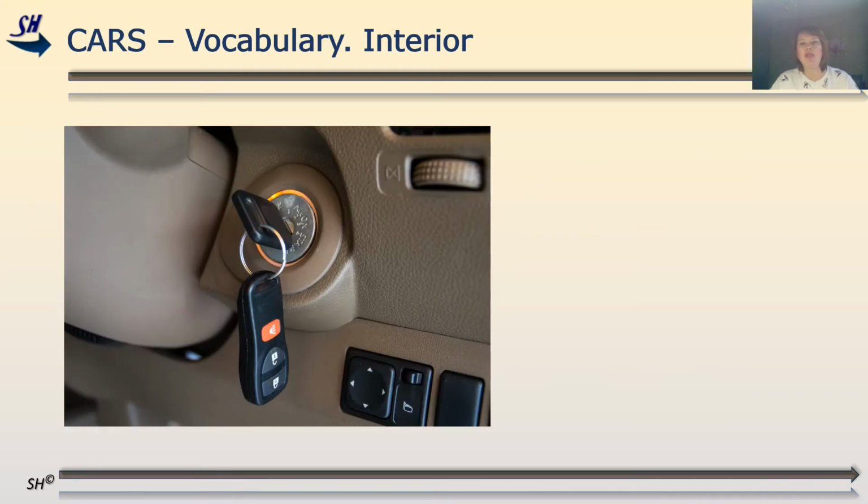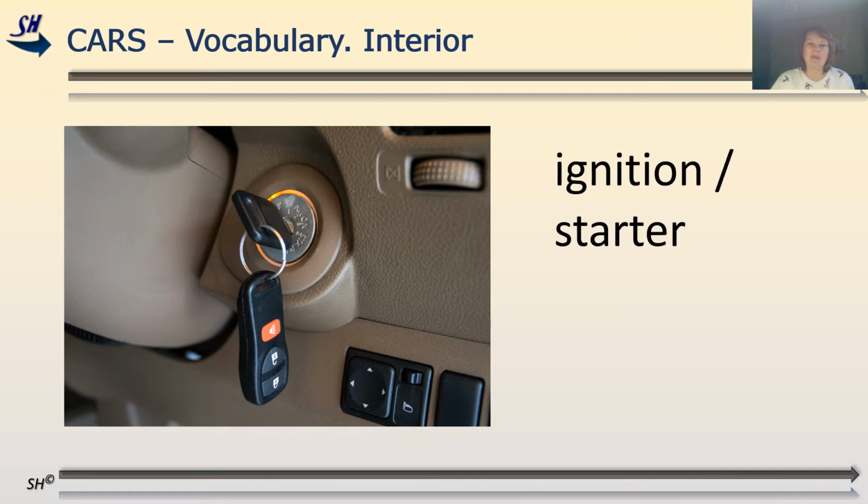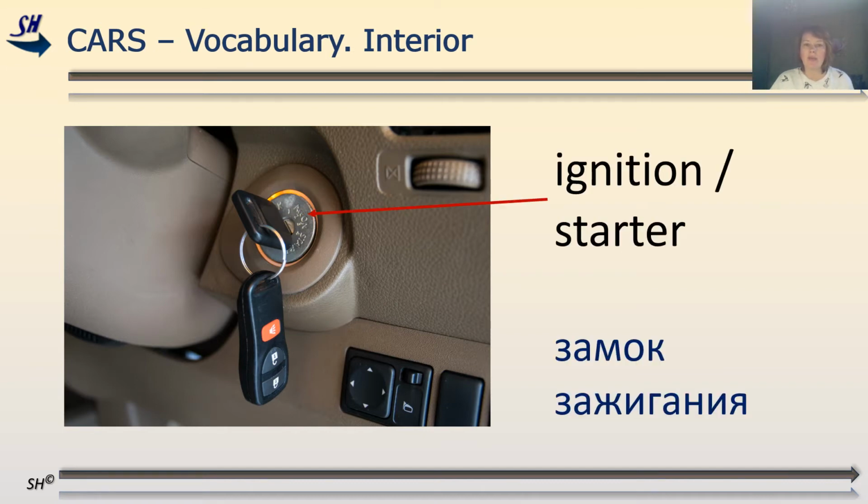Now, if we look to the right of the wheel, you can see the ignition, or it can also be called a starter. This is the place where you put your car keys to ignite the car, to start the car.